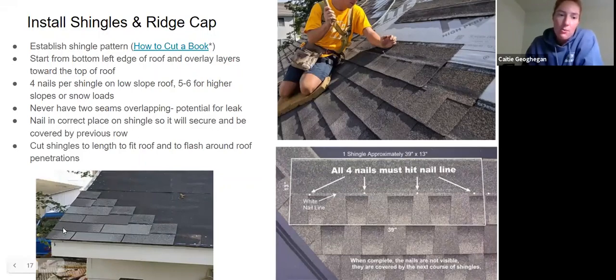And then once I have my shingles on, I keep on going. And you have to do them in sequential order. So I always have to have my bottom row before I can put my second row on top, before I can put my third and fourth.